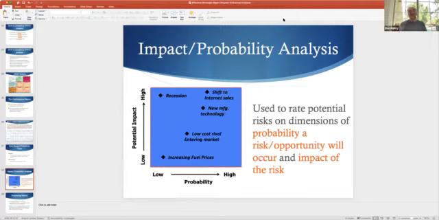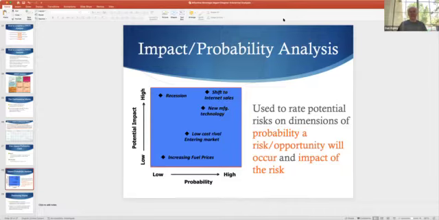So what I would recommend is that you just put the locator number. Let's say if it was opportunity 1, just place it somewhere on here, O1. Opportunity 2 would be O2, somewhere on here, threat 1, T1. That way you don't have to write out all of the descriptor, and it makes it a little bit easier for you.